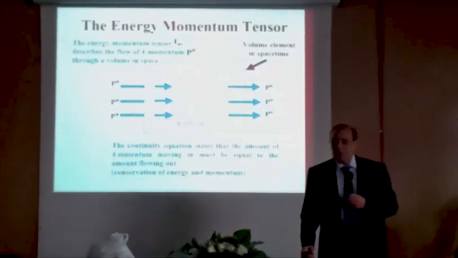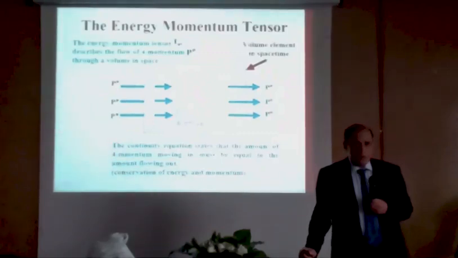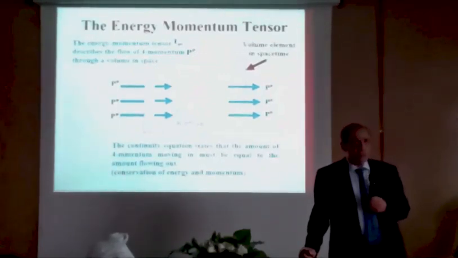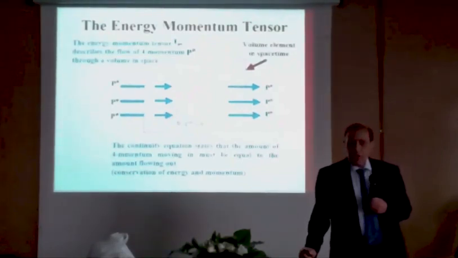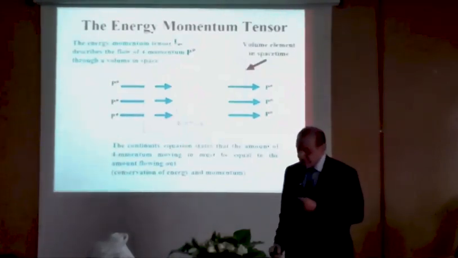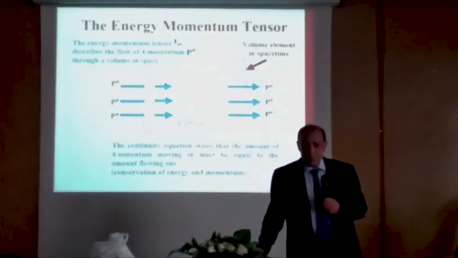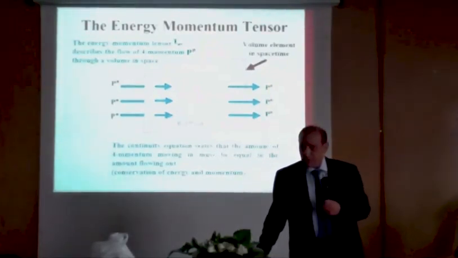One can ask me, what is the difference between this energy momentum tensor and what we use when talking about Newtonian gravity? In Newtonian gravity, we don't have such a tensor.